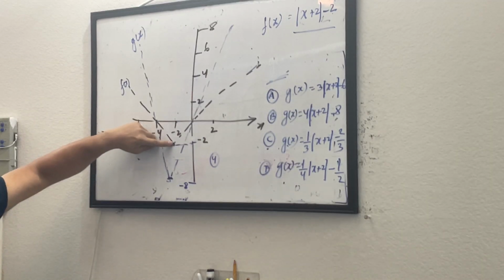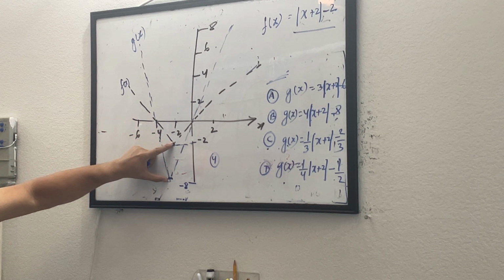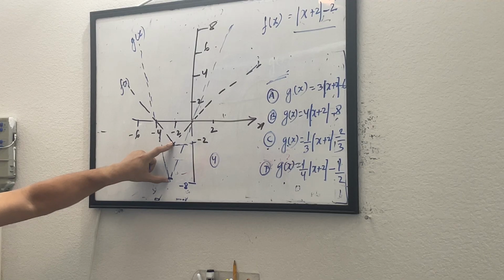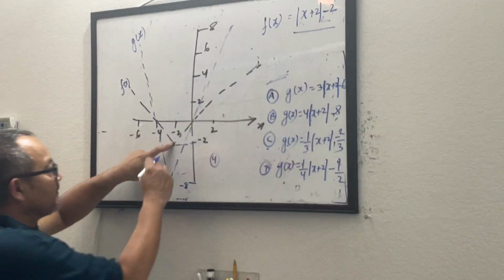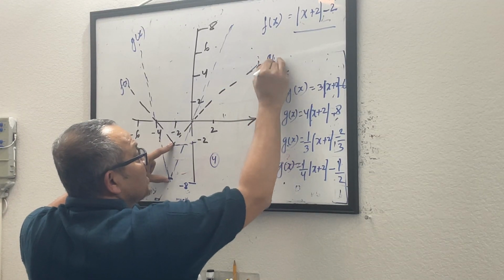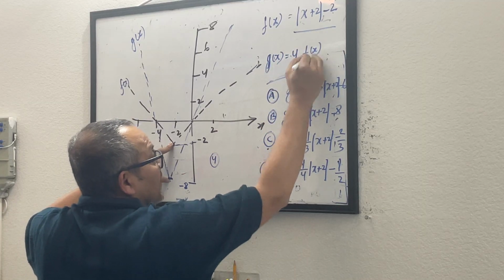Yeah? For x equal to minus 2, this changed from minus 2 to minus 8. So it changed by 4 folds. For this particular point, what you're seeing is g of x is nothing but 4 times what you have for f of x, isn't it?